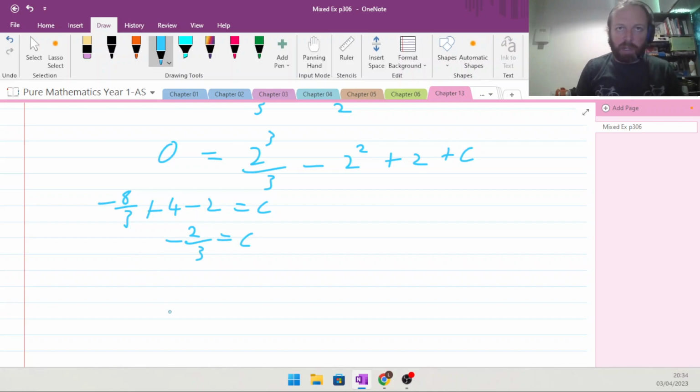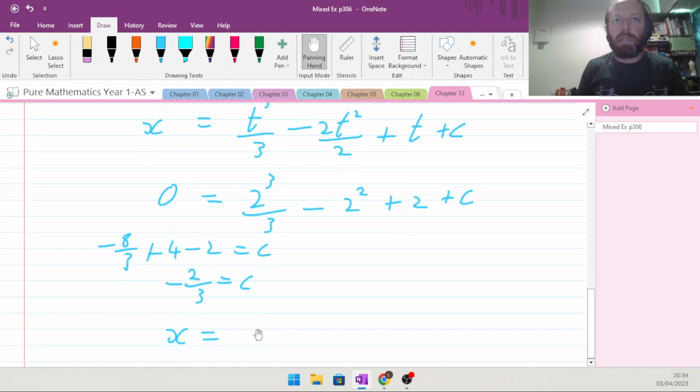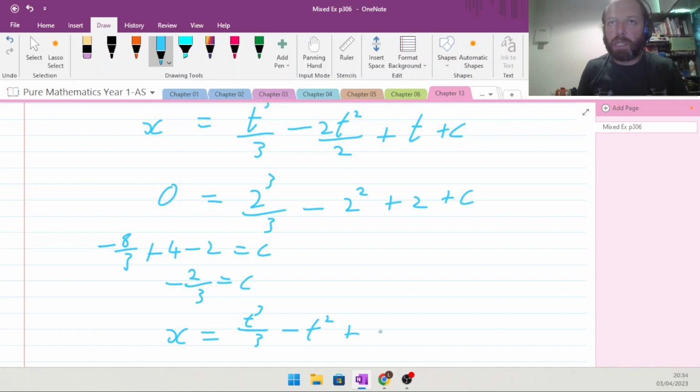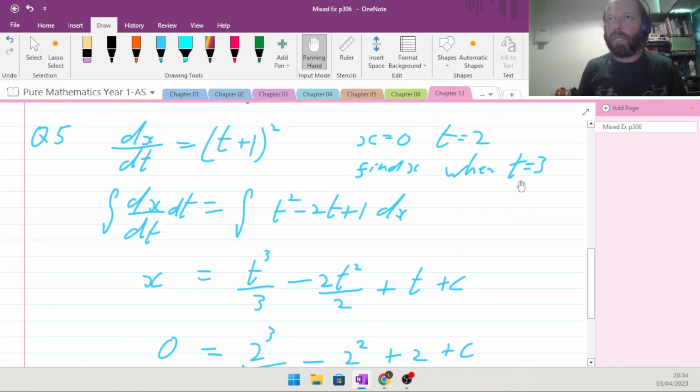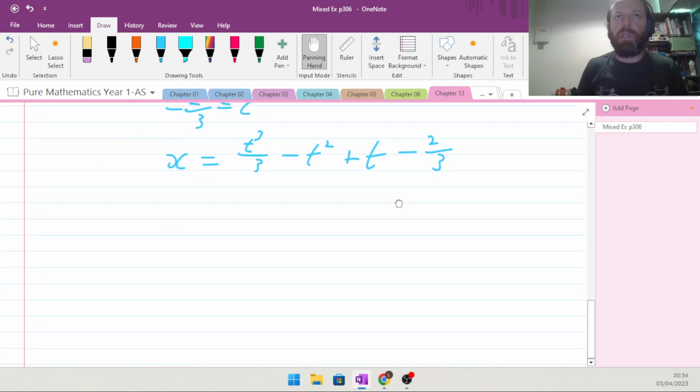So now that we've got that, we can write out the equation, which is x equals, what was the first bit? There it is, t cubed over 3 minus t squared plus t, and it's a minus 2/3, and they want us to find out what the x is when t is equal to 3.